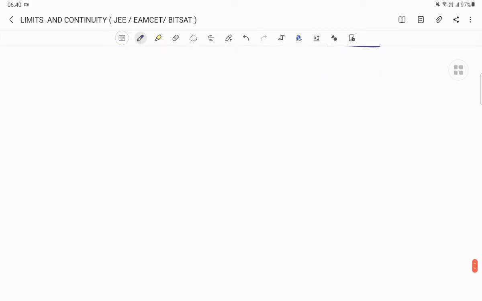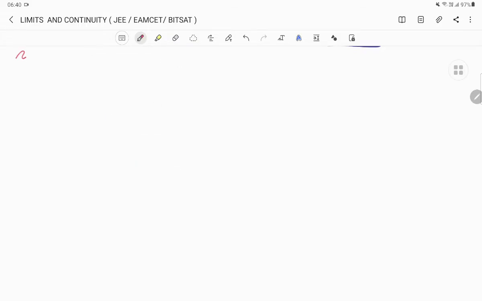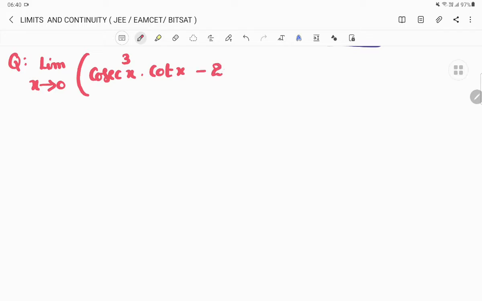Let us move to another question from limits. Limit as x tends to 0 of cosecant cube x into cot x minus 2 into cot cube x into cosecant x plus cot power 4x by secant x.